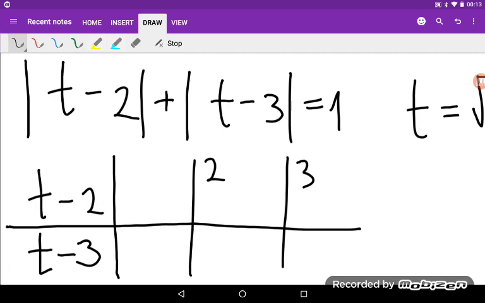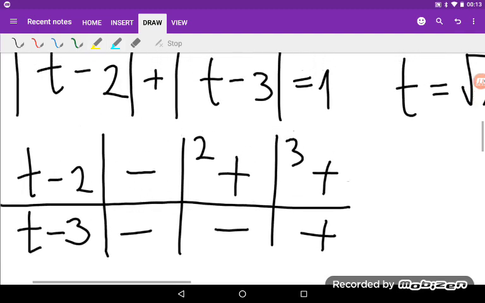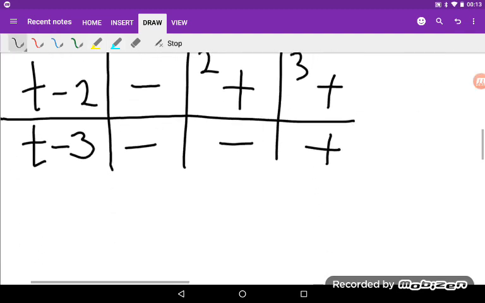So t minus 2 will be negative, positive, positive, and t minus 3 will be negative, negative, and positive. Now I have to solve 3 different intervals and see their solutions.